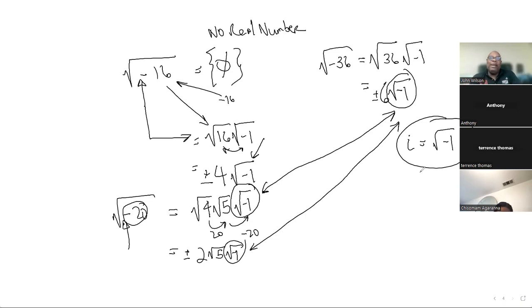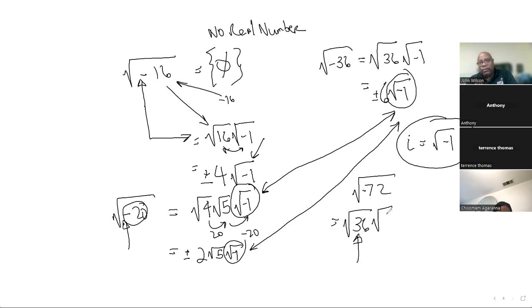Using our newfound knowledge, let's take the square root of negative 72. All right, what does that equal? Equals the square root of 36, because I know this is going to be a perfect square root.